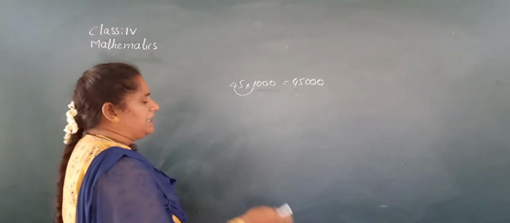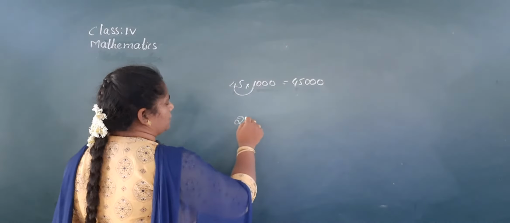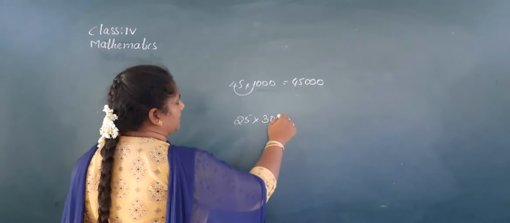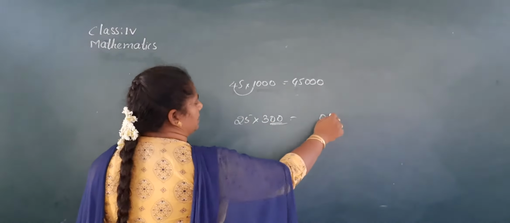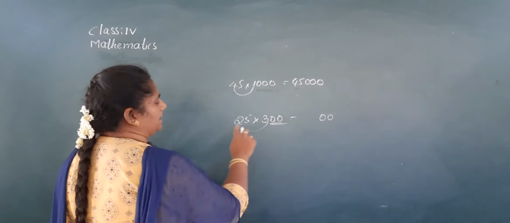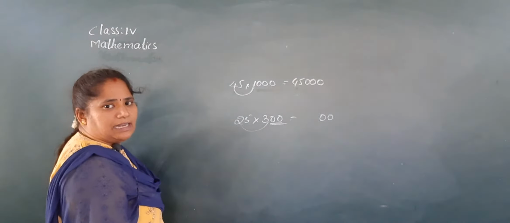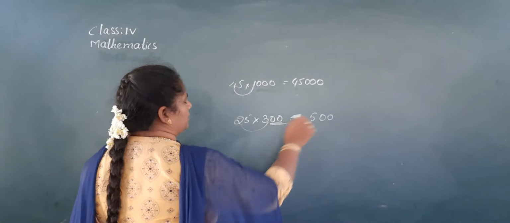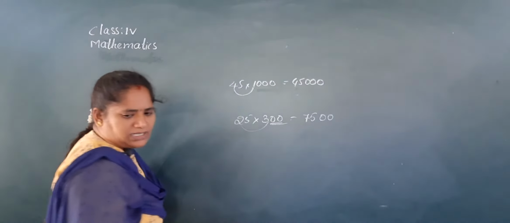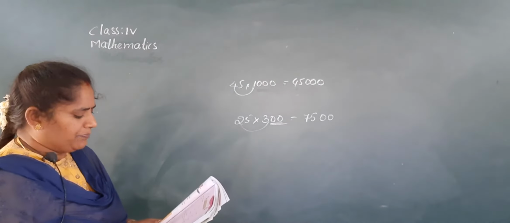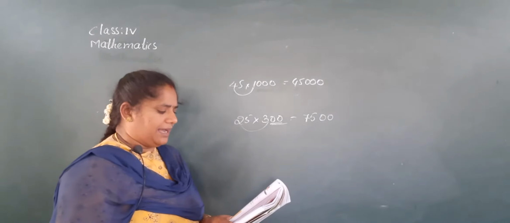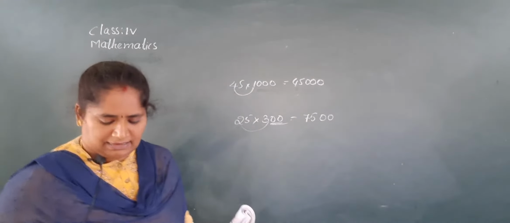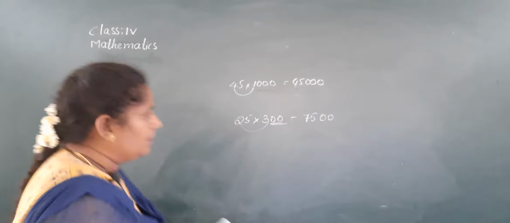And if the number is multiplied by hundreds, suppose 25 in the multiple of hundreds, keep these 2 zeros in ones and tens places and multiply 25 into 3. 3 5s are 15 and 3 2s are 6 plus 1, 7. So 7500.